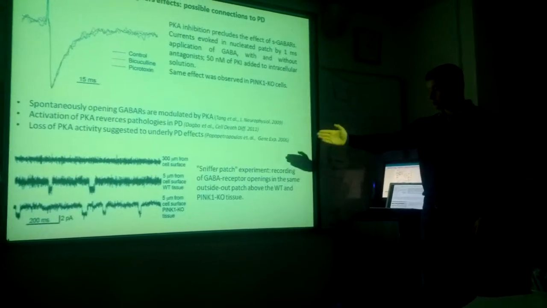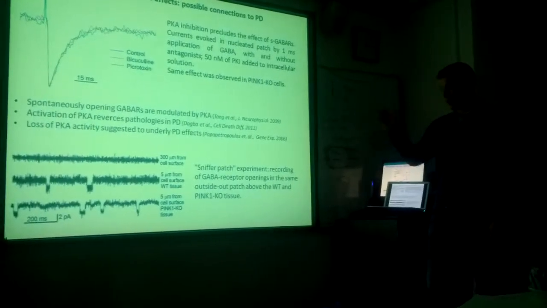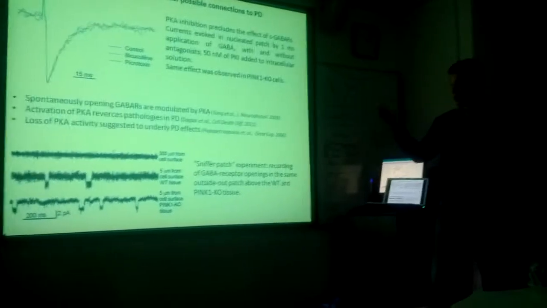So, okay, when I perform this experiment with the same membrane patch, coming as close as I could to wild type tissue and to PINK1 knockout tissue, I detected different GABA concentration in them. Actually, I cannot say what it means.